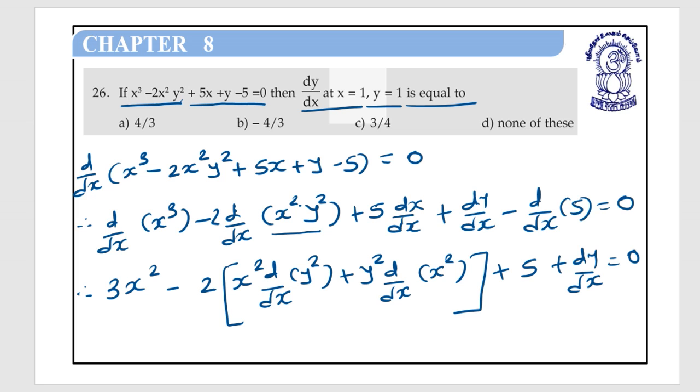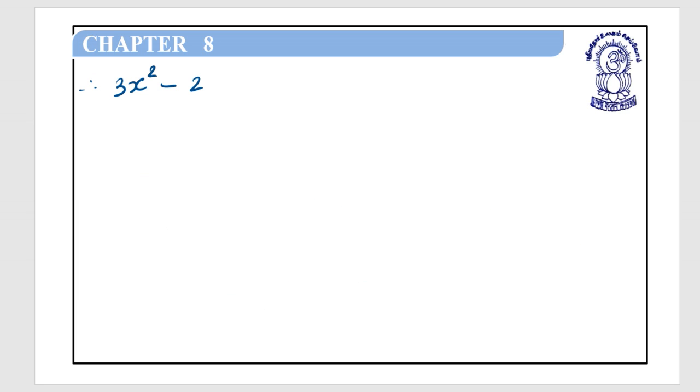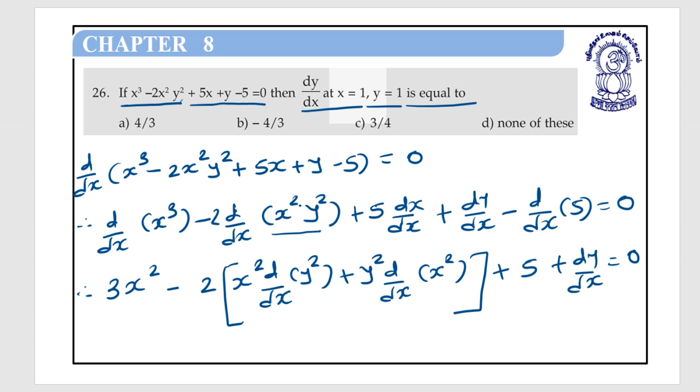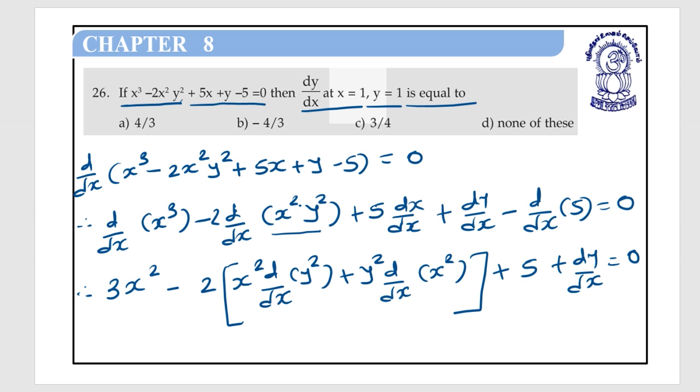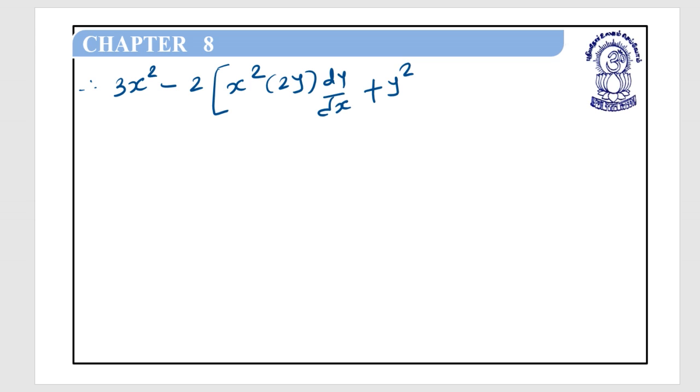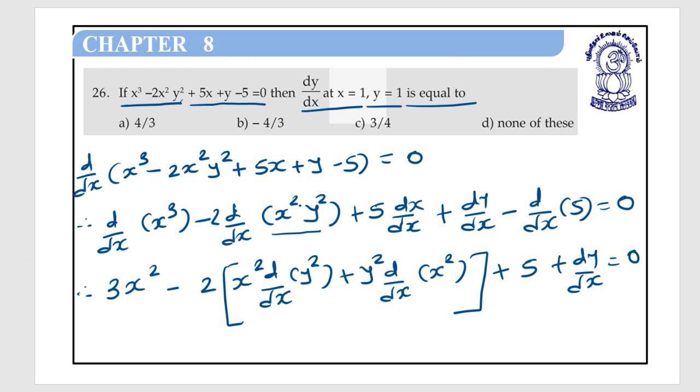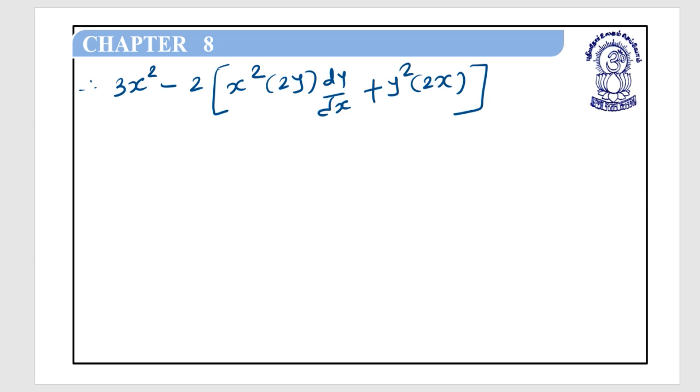So 3x square minus 2 in the bracket x square, d by dx of y square means 2y dy by dx, plus y square, d by dx of x square is 2x. Okay. Plus 5 plus dy by dx is equal to 0.